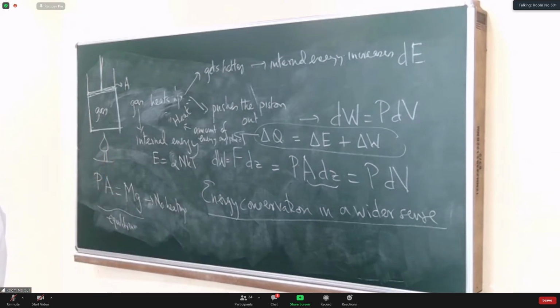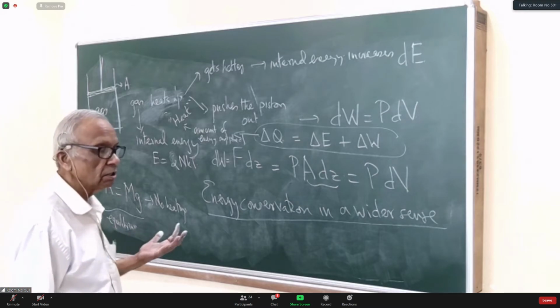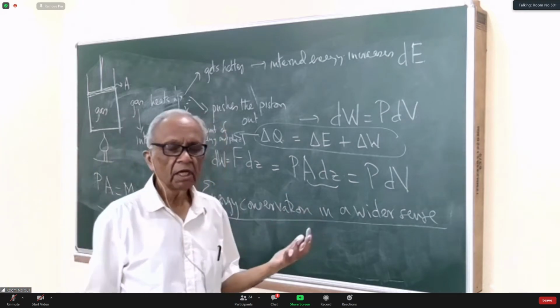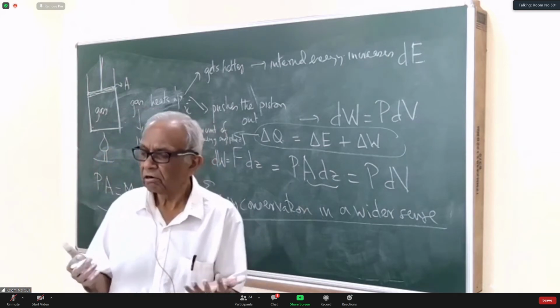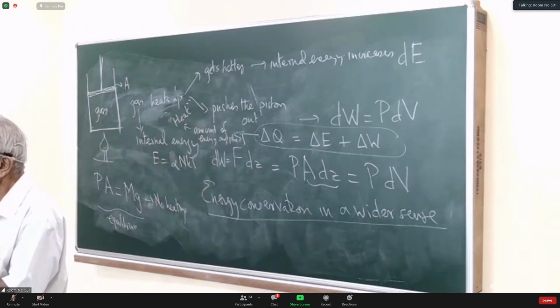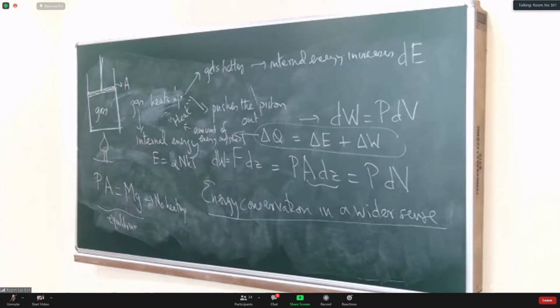Initially, Newton's concept of what is a force-free motion was that it is circular motion.